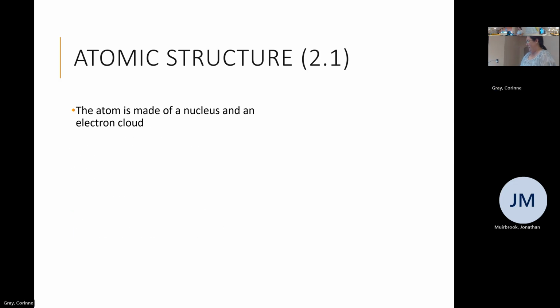All right. If I asked you to draw an atom, you would hopefully draw it with some sort of nucleus and probably some sort of electron cloud in some way, shape, or form. Very common pictures for what that could look like, where you have your nucleus and you have something orbiting around it.